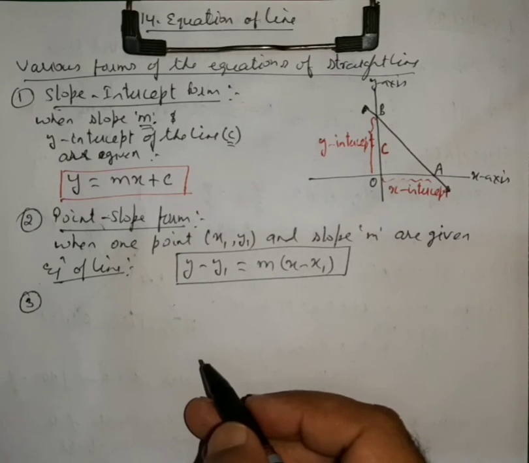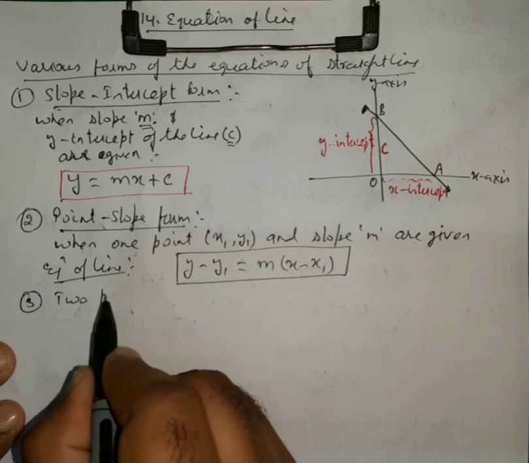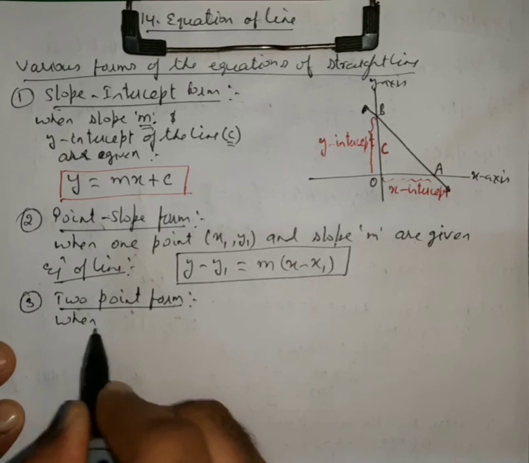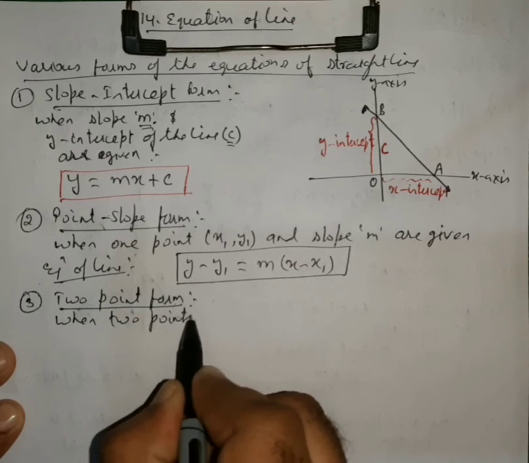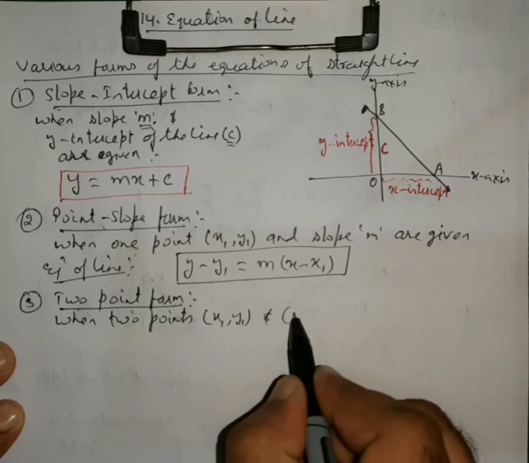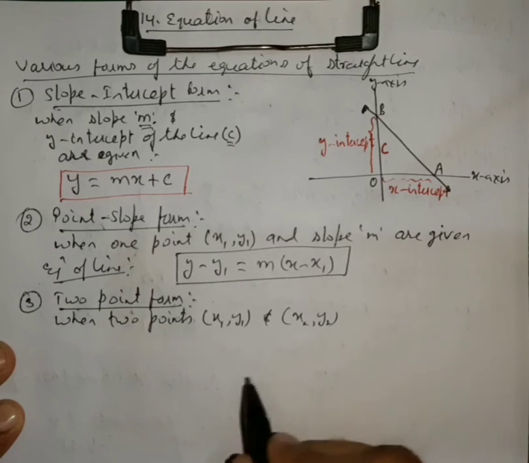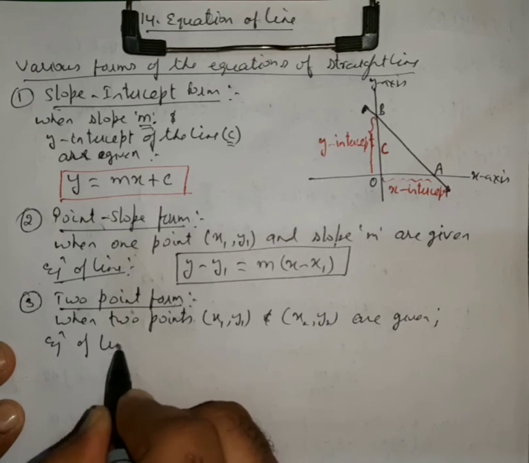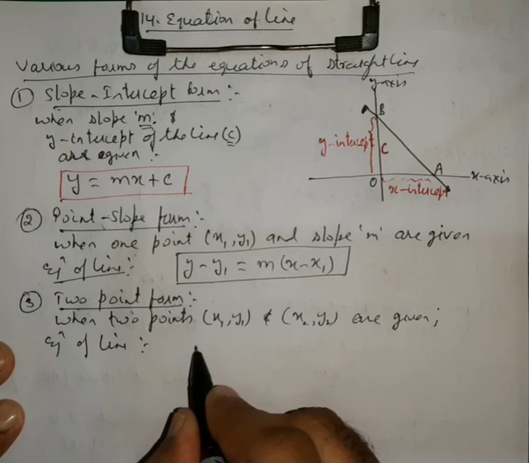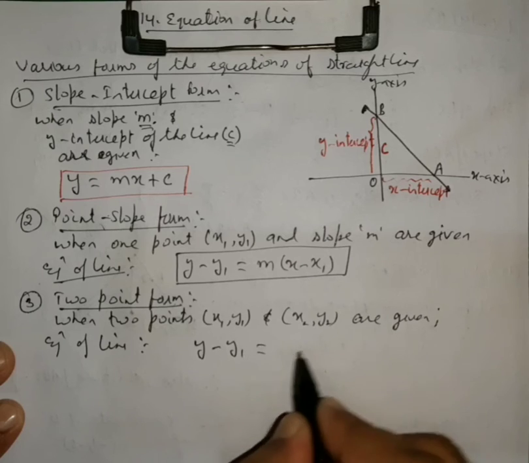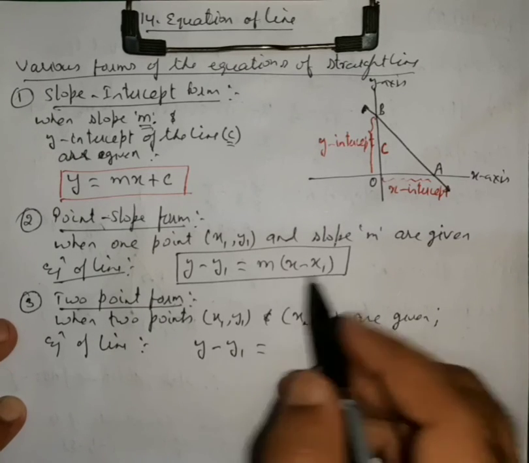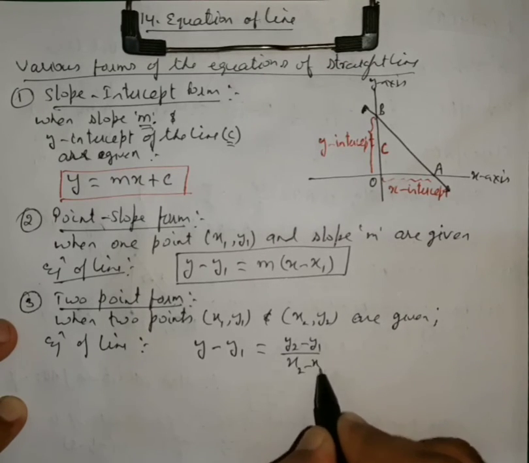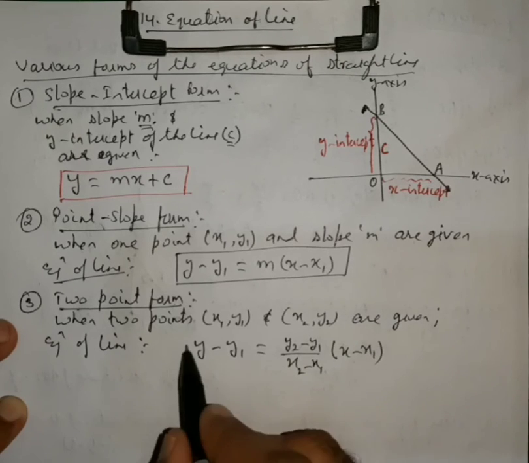And the third form is called the two-point form. So when 2 points x1 y1 and x2 y2 will be given, then the equation of line will be of this form, y minus y1 is equal to, so here in the place of m we will substitute the value of slope, means y2 minus y1 over x2 minus x1, multiplied by x minus x1.